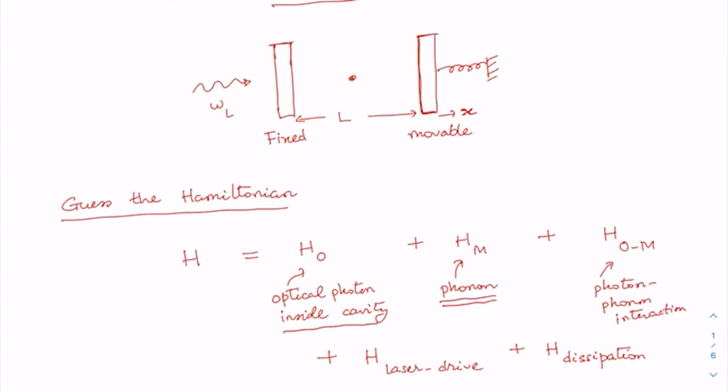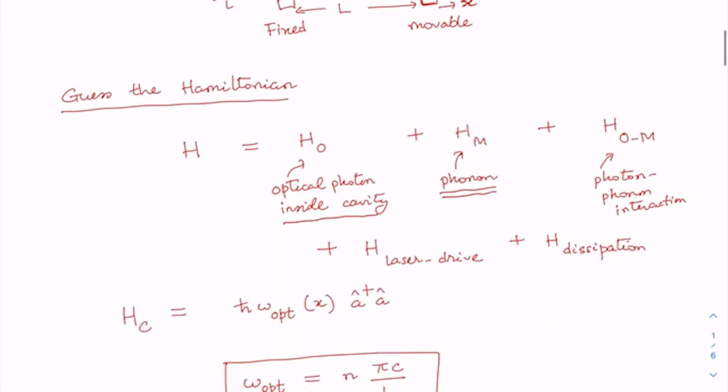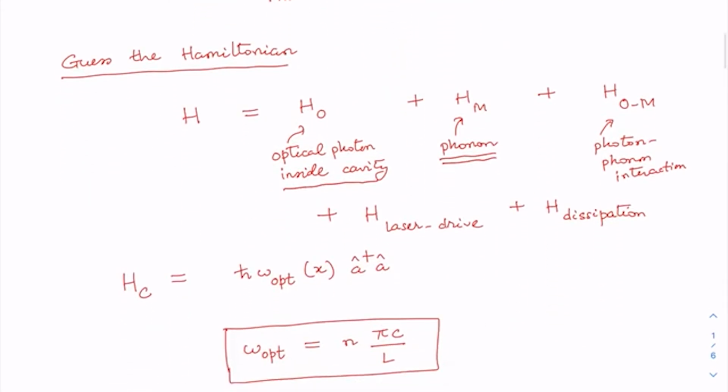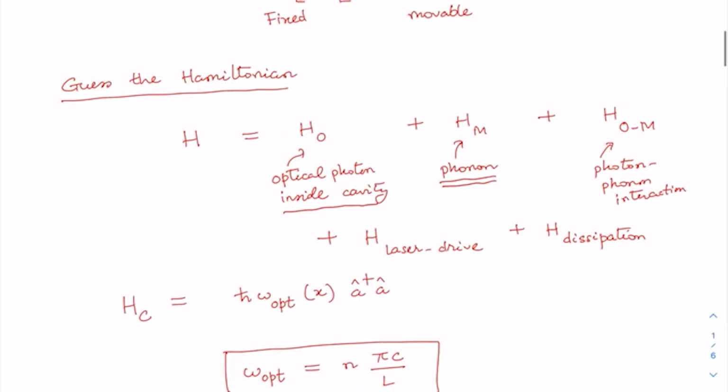And then there is interaction between optical photon and phonon, and that is because when the photon hits the movable mirror, it displaces the mirror by an amount x, and thereby both photon and phonon get coupled by the parameter x. And this cavity optomechanical system is driven by a laser.